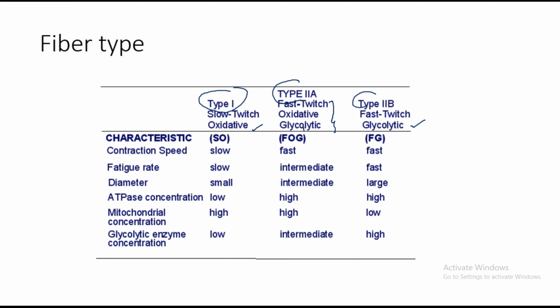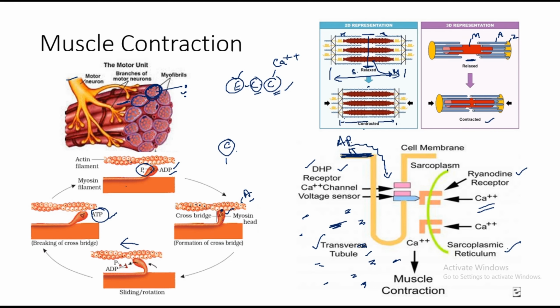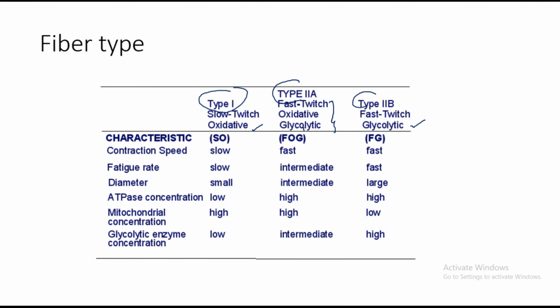In any muscle, if you look at the muscle fibers of an athlete, we have different kinds of muscle fibers from a functional point of view. The different varieties are three: slow oxidative, fast oxidative glycolytic (intermediate), and type 2B, which is fast glycolytic.